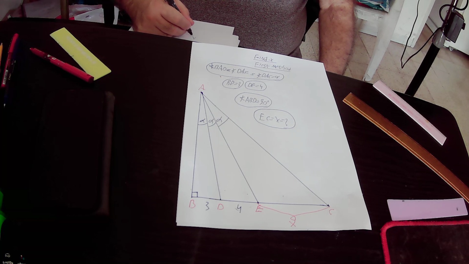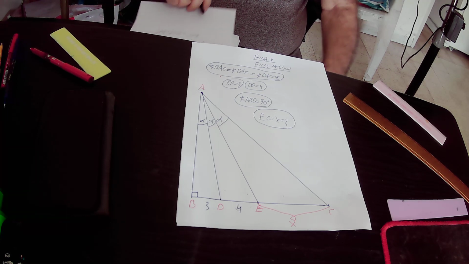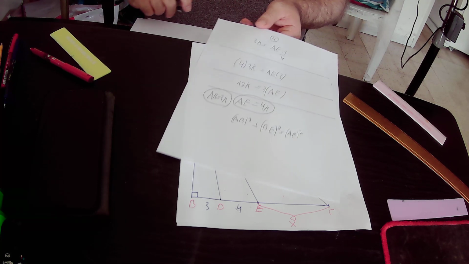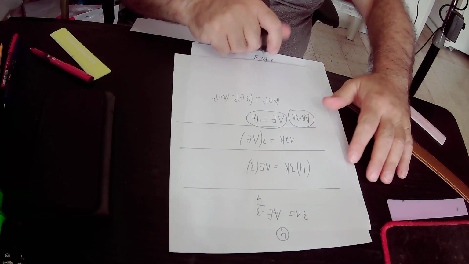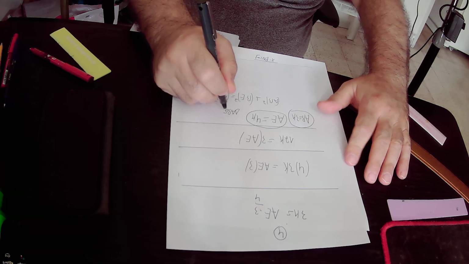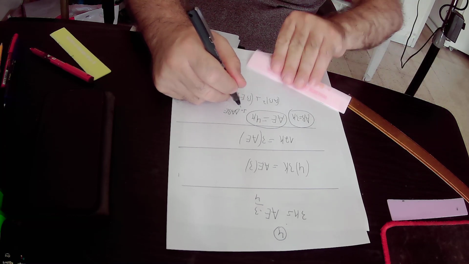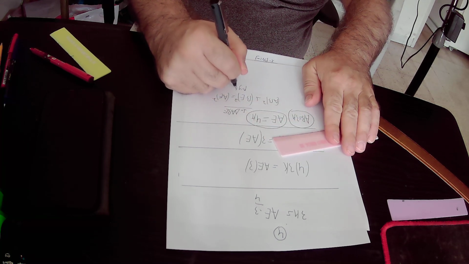AB squared plus BE squared equals AE squared. Okay, AB squared plus BE squared equals AE squared. That is according to the Pythagoras theorem.